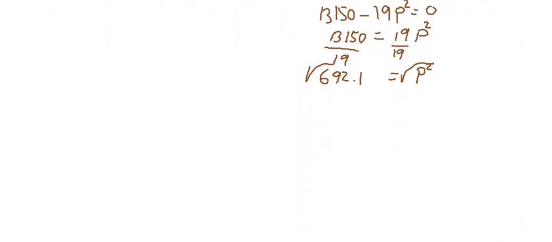So you will get p, it will be equal to positive and negative 26.3. Okay, now as you see here, we will reject negative 26.3 because price should not be negative. So p equal to minus 26.3, here it will be rejected.